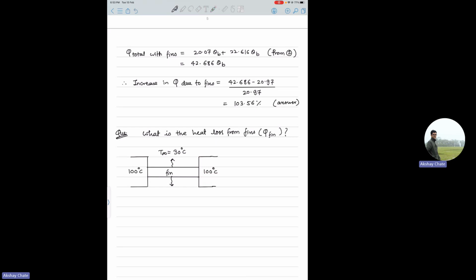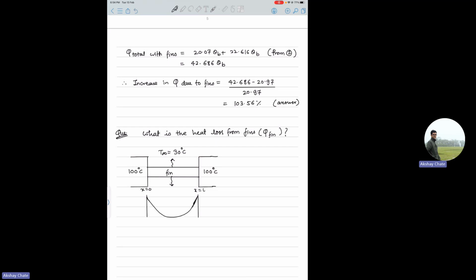The trick is, if you plot temperature along this fin length, from x equal to 0 to x equal to L, the temperature will decrease from 100 and again go back to 100, because you have to satisfy the boundary conditions.